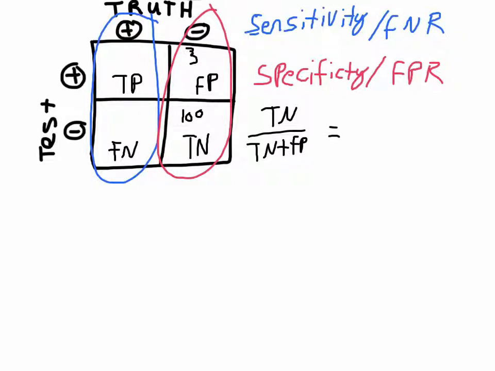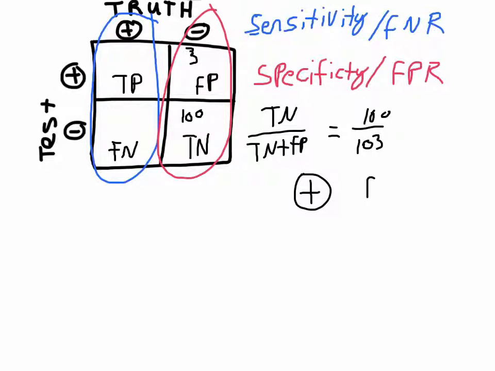And in this case, it's 100 over 103. And so what does this tell me? SPIN, so highly specific tests rule in a disease when positive. And so what I'm saying is, if it's a positive test, then it's likely that it is a true positive. Why?